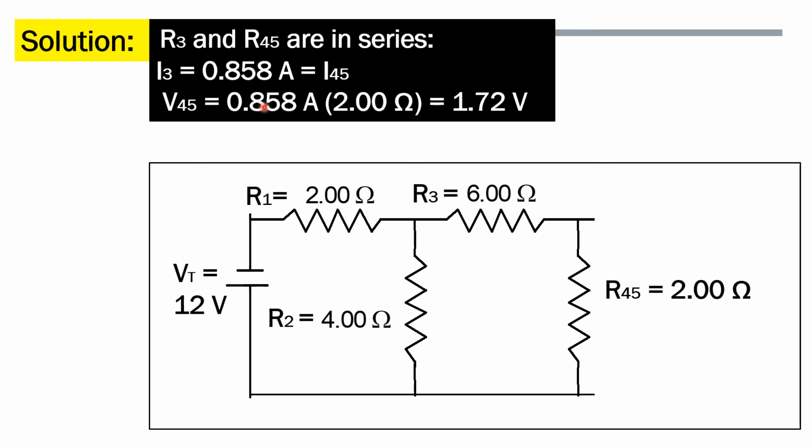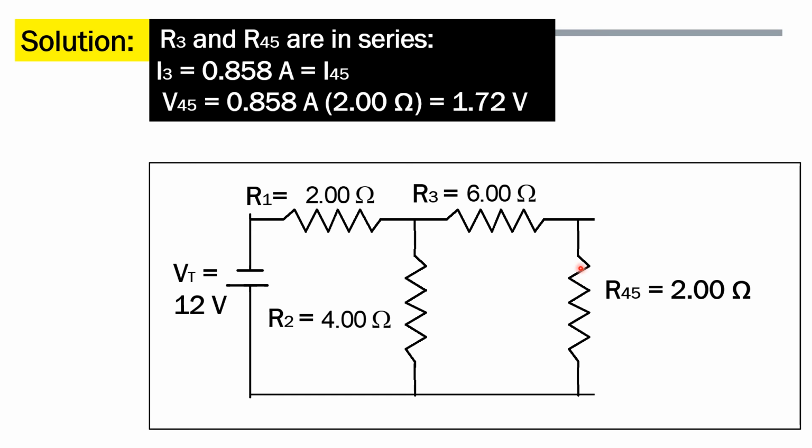Using that current value, we use Ohm's law again to determine the voltage across R45, meaning 0.858 amperes is multiplied by the resistance of the combination of R4 and R5, which is 2.00 ohms, and we get the voltage equal to 1.72 volts. This is the voltage across this combination of R45.